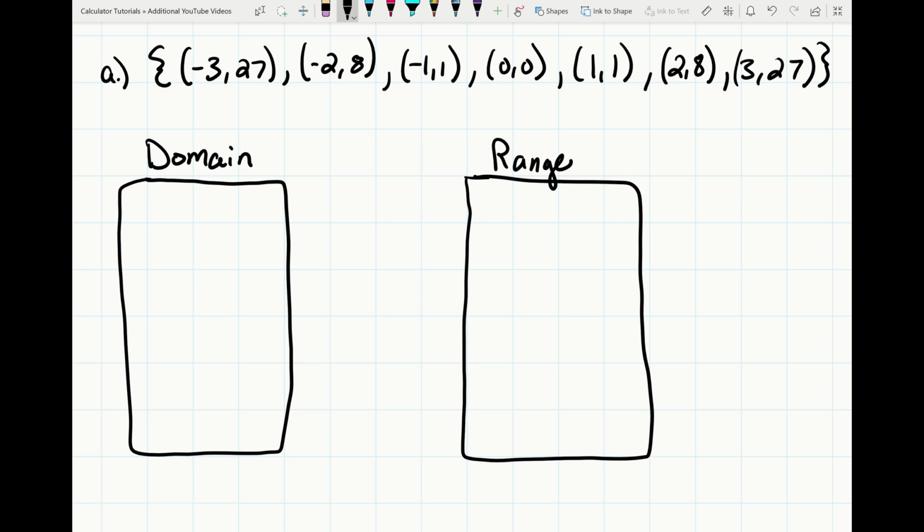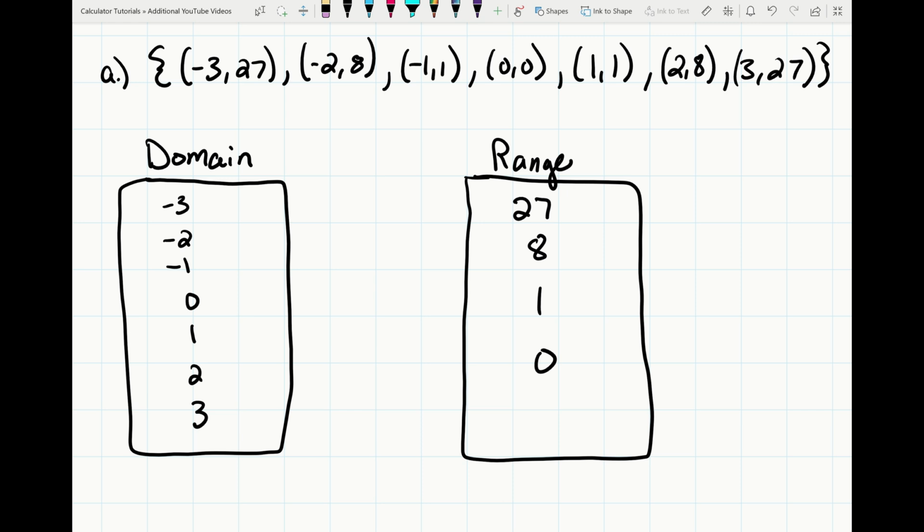Scanning from left to right, the x values are -3, -2, -1, 0, 1, 2, and 3. My range is going to be 27, 8, 1, 0. Then we have 1 again, 8 again, and 27 again, so we don't have to rewrite them because they're already there.